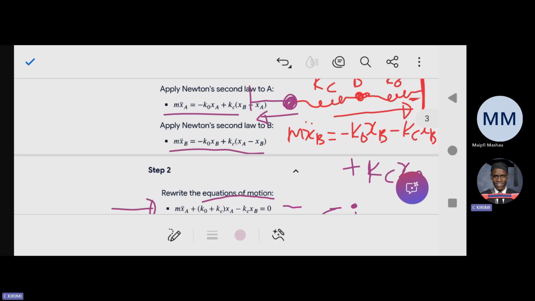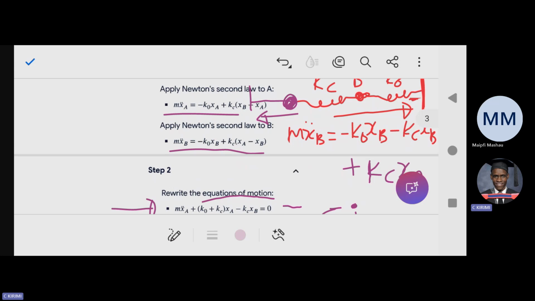By equating it to 0, we moved everything towards the left: m XA double dot, then K naught XA, and then you take another quantity that is having XA, which is Kc XA.